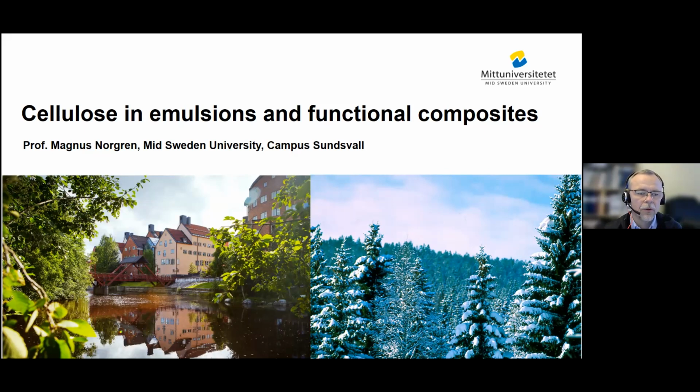And some of you know where we are located. It's actually in the middle of Sweden, as you might hear from the name, and it's in Sundsvall, which is about 400 km north of Stockholm.